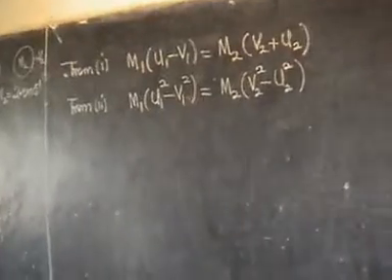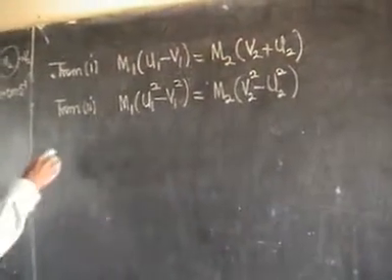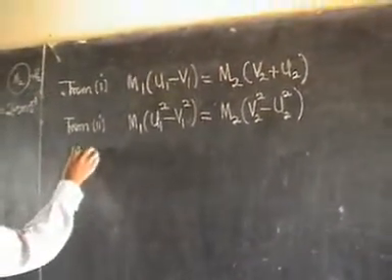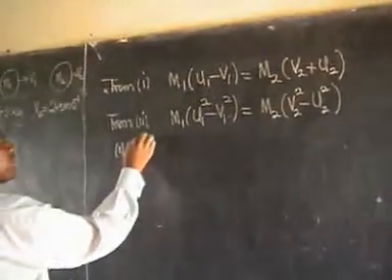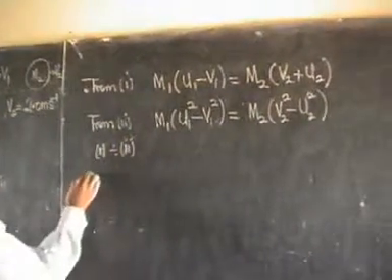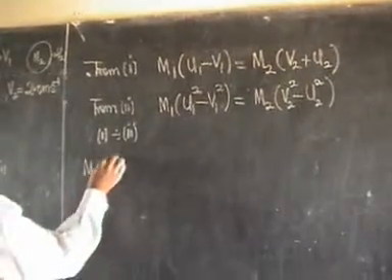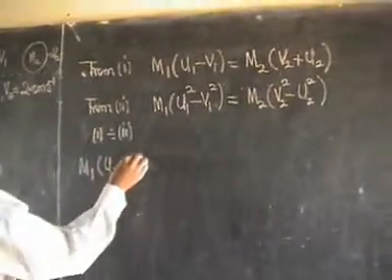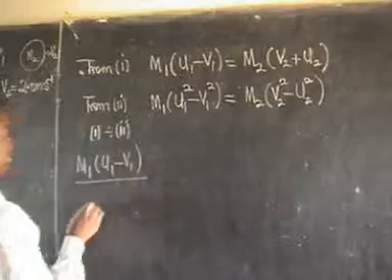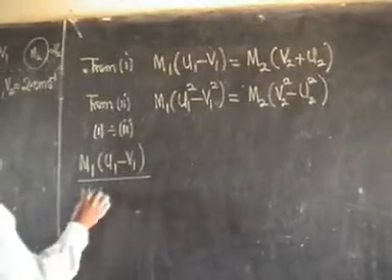Now I'm going to divide these two equations. So 1 divided by 2, we shall have m1 (u1 minus v1) divided by m1.